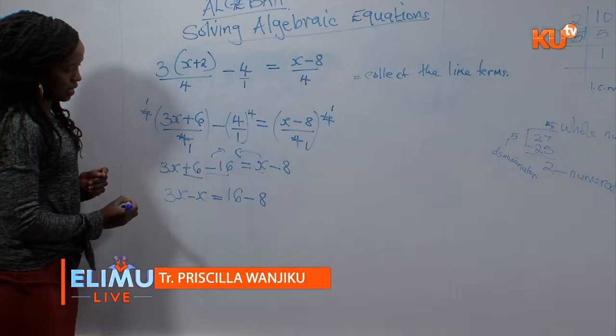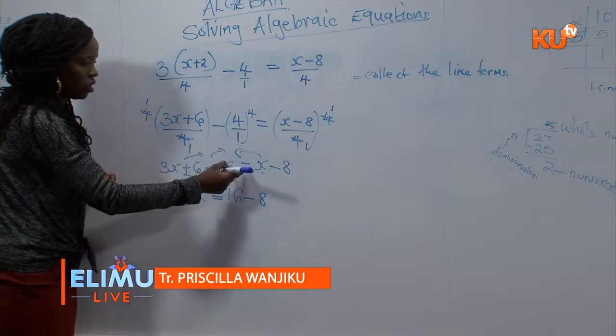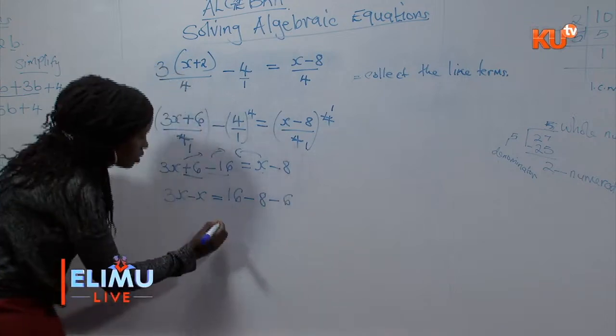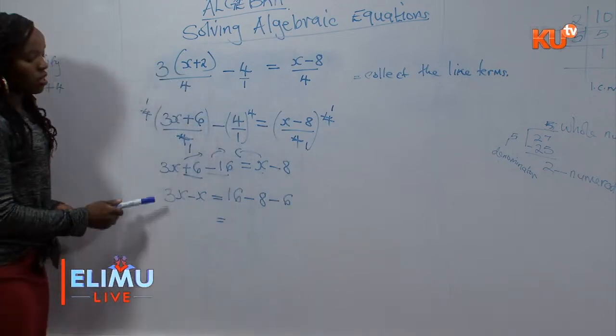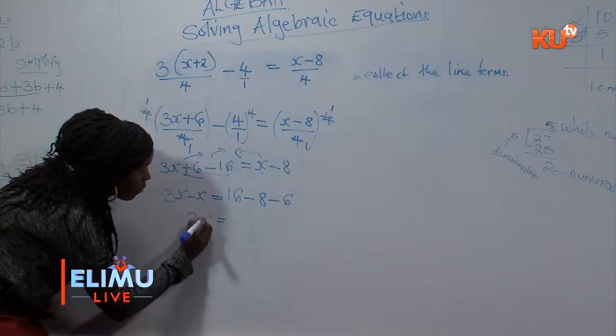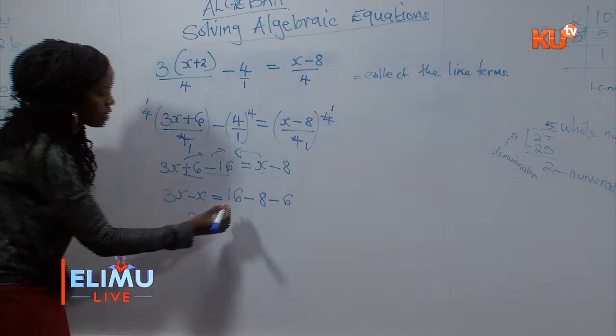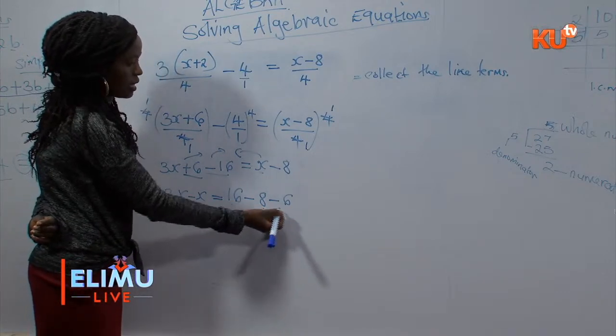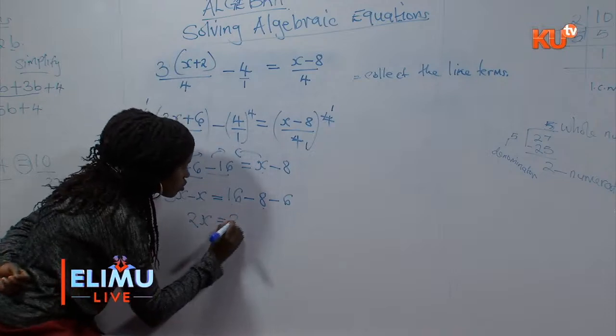This +6, when it crosses the equal sign, I'll have it as -6. 3x minus x, I'm going to have 2x. 16 minus 8, I get 8. 8 take away 6, I get 2.